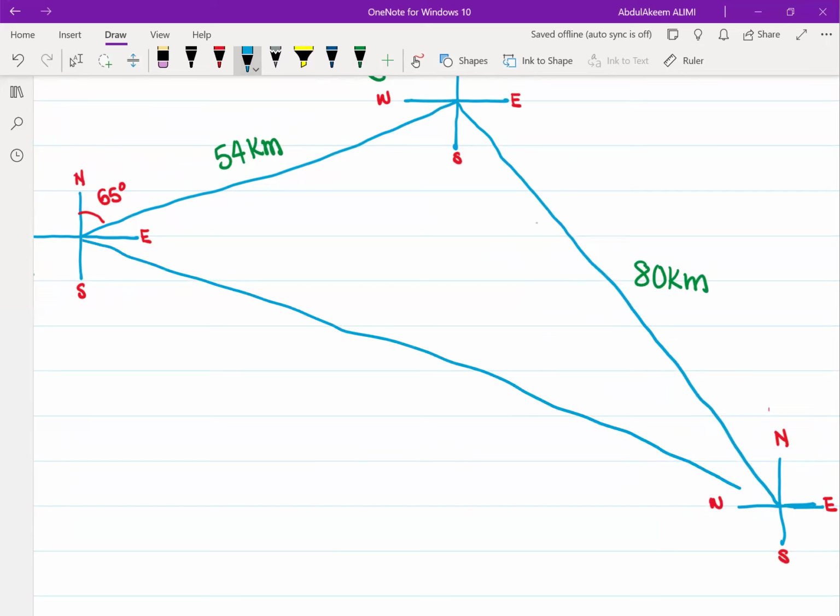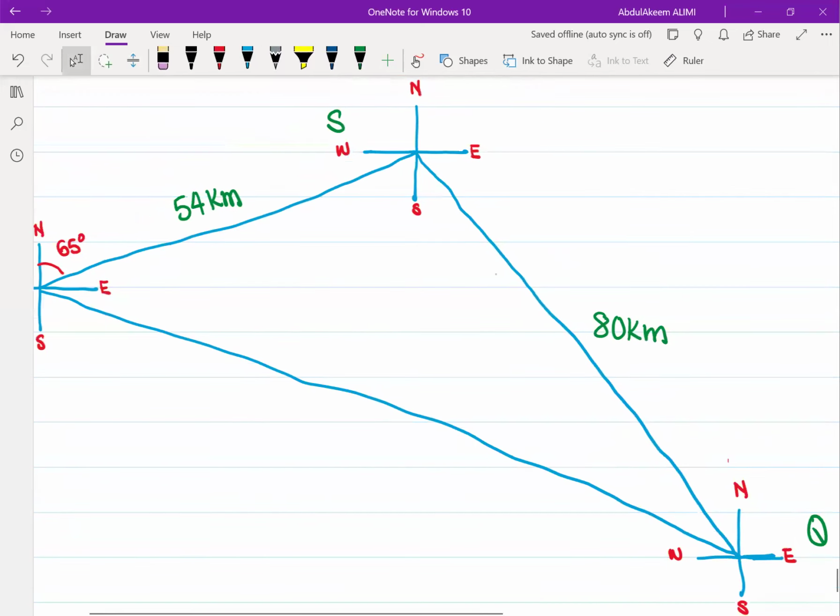Now we are told that from here to here is 155 degrees, and we know that each quadrant is 90 degrees. So how do I get the remaining angle from here to here?